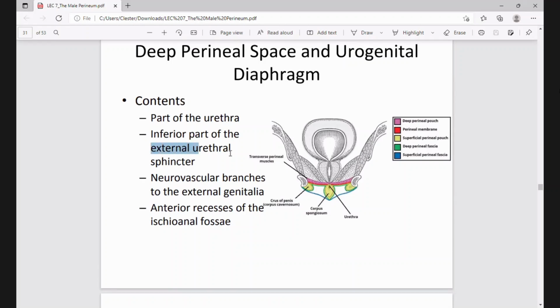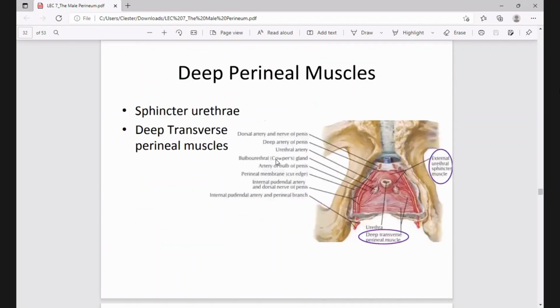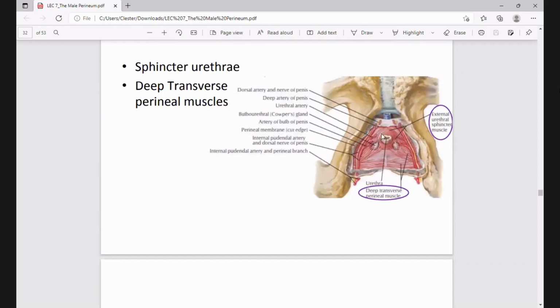The external urethral sphincter, the deep transverse perineal muscle, the nerves and blood vessels to the external genitalia. So ito yung urethra, of course, since nandun yung sphincter, nandun din yung part ng urethra that passes through it. So yeah, this is already the deep perineal pouch.